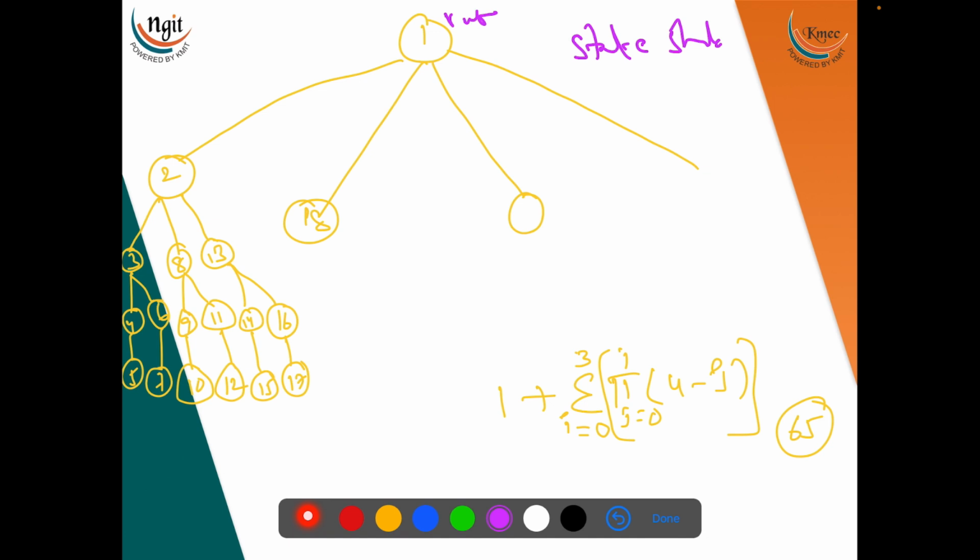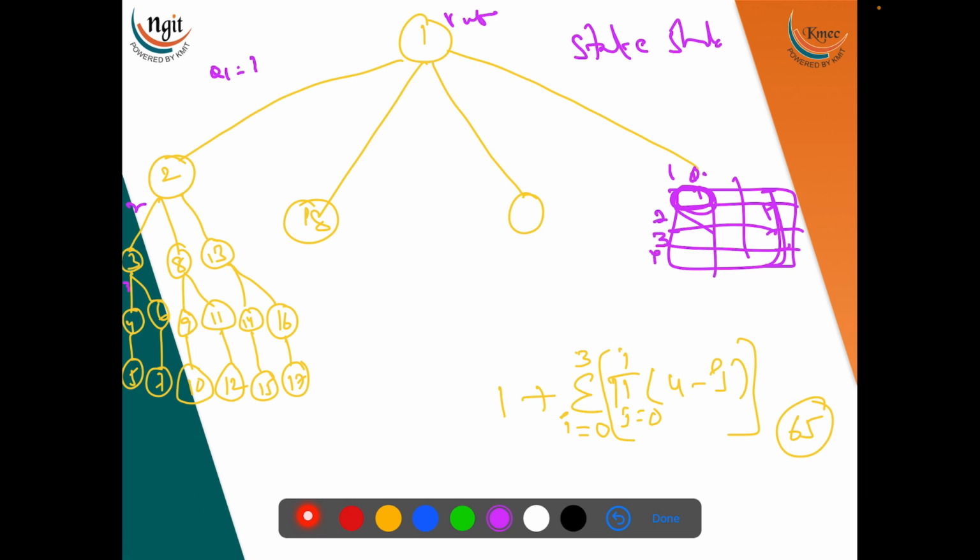I can place Q1 in the first cell, or else I can place it in the second cell, or in the third, or in the fourth place. That means I am talking about the columns. You can place here 1, you can place 2, 3, 4.